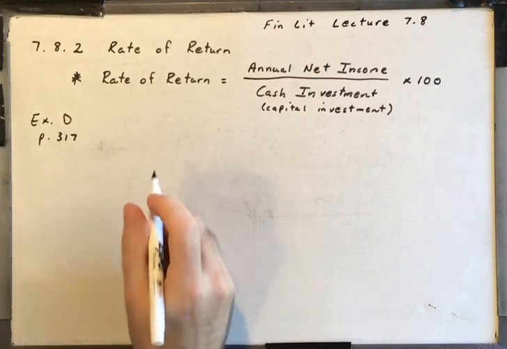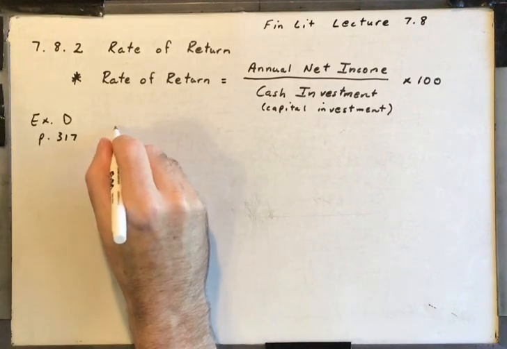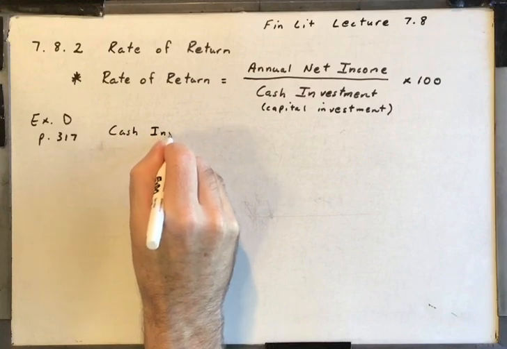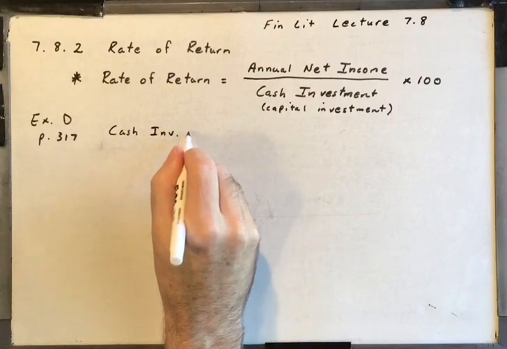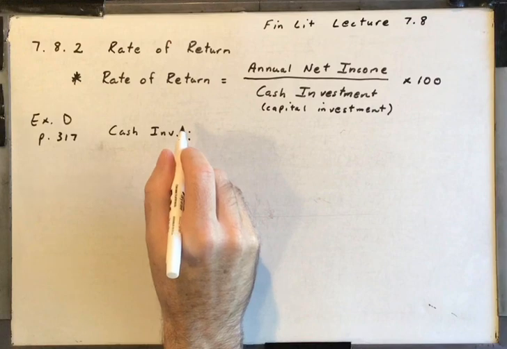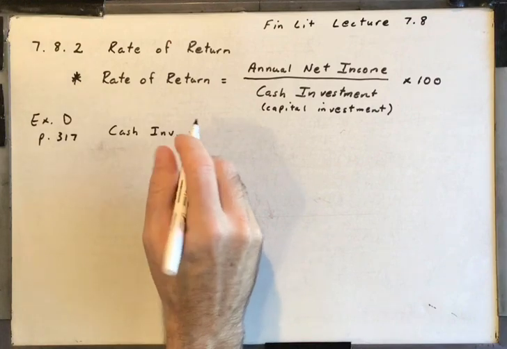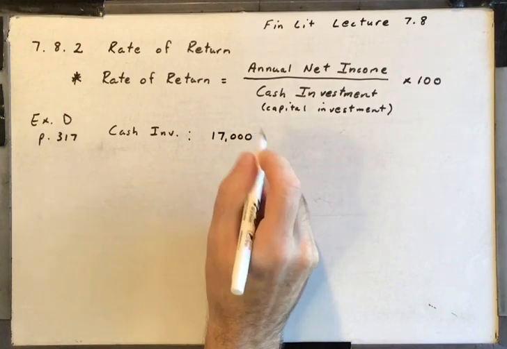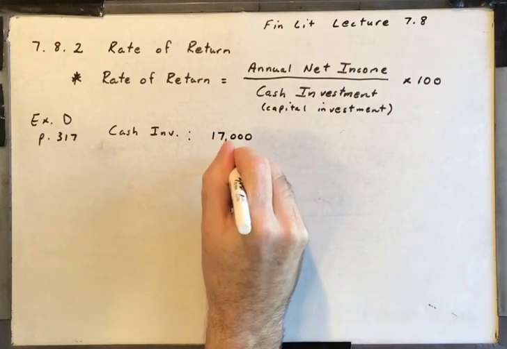Okay, so we have to figure out what is the cash investment. Okay, so first of all, she had to pay $17,000 down. So it's the $17,000 down payment. I'm just going to go ahead and put a DP there.